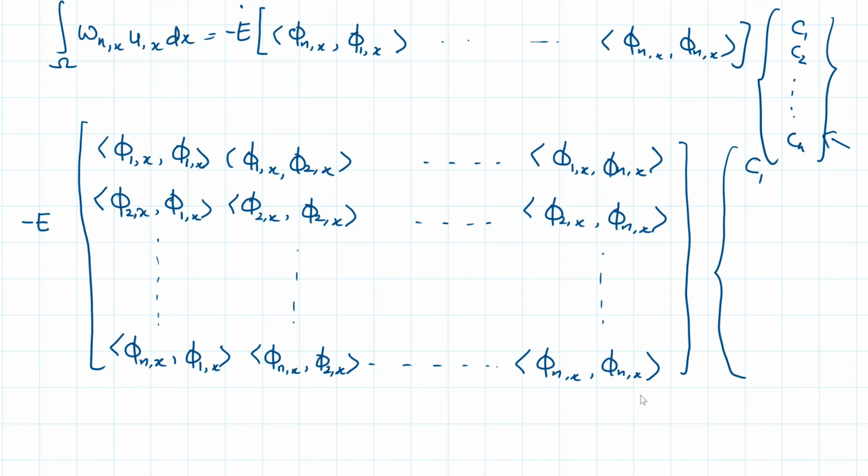So now this matrix is multiplied with the column vector containing all the coefficients. Let's call this matrix our stiffness matrix, and let's call this the coefficient matrix.